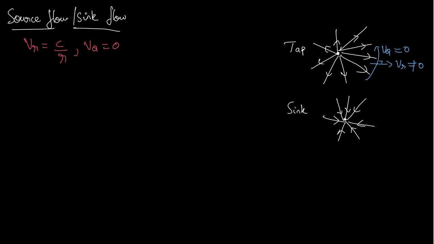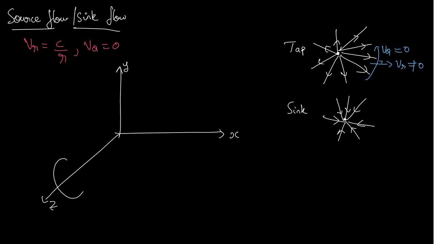So let me try to draw a cylindrical domain along which we'll be operating. So consider this to be my x-axis, y-axis, z-axis, and I have my cylinder here, which extends along the z-axis.